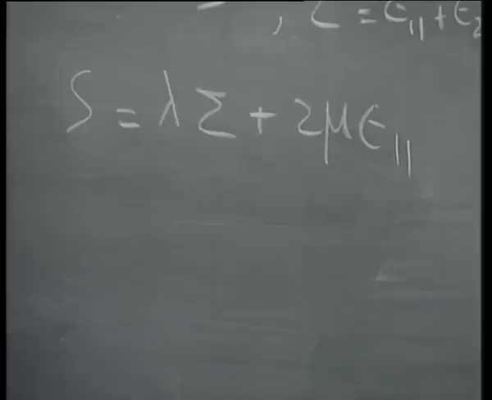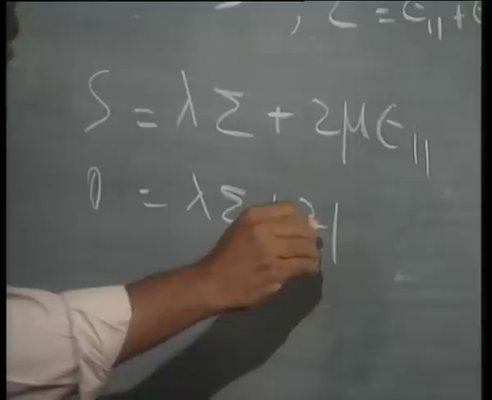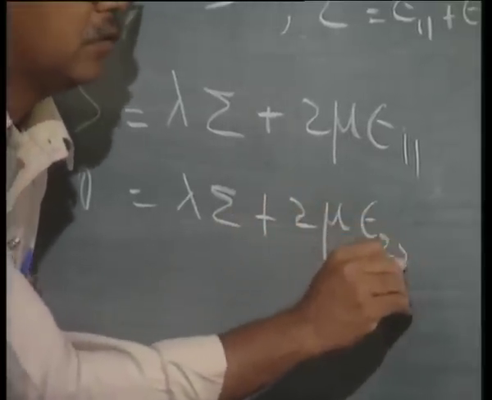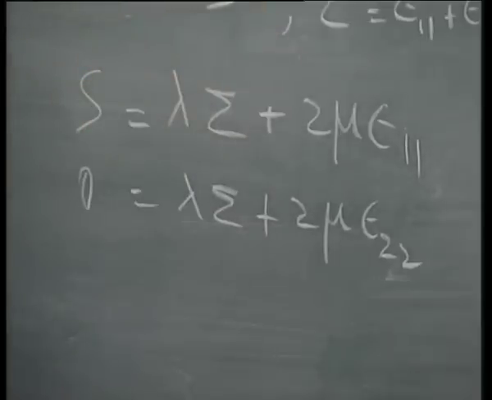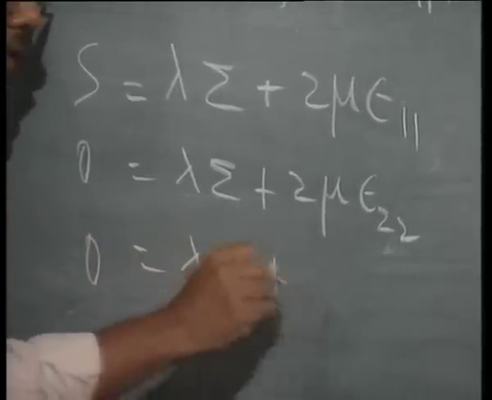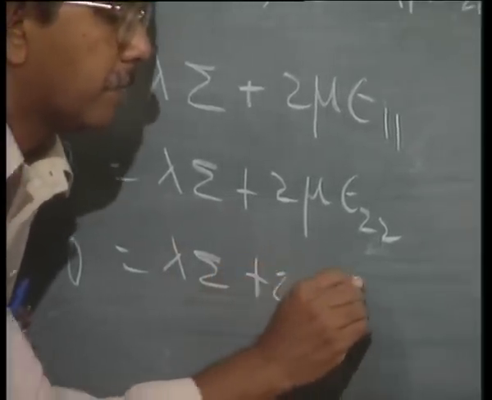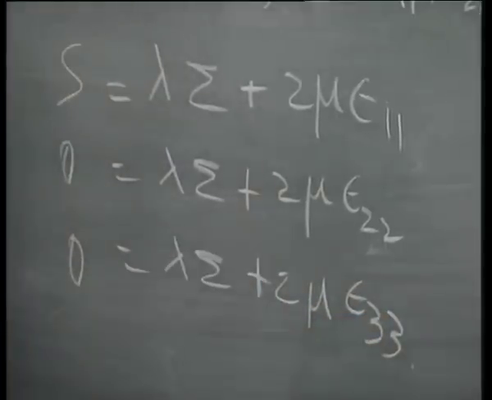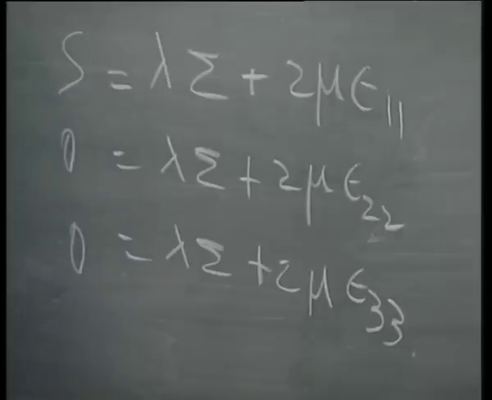For 2 2, I want to write 0 is equal to lambda sigma plus 2 mu epsilon 2 2, and 0 is equal to lambda sigma plus 2 mu epsilon 3 3, right?